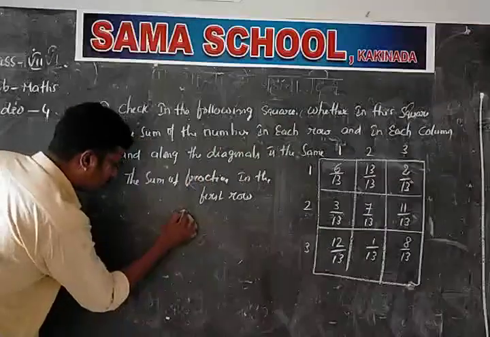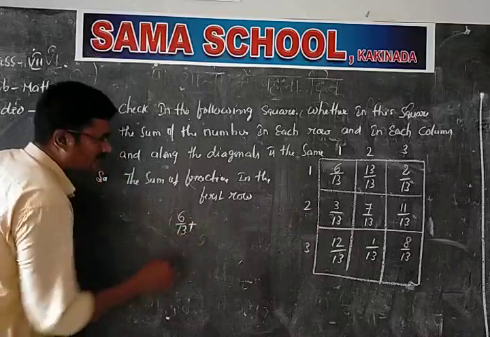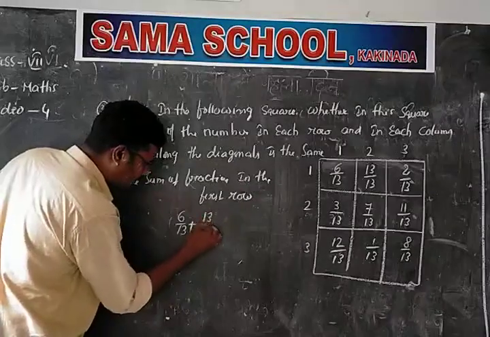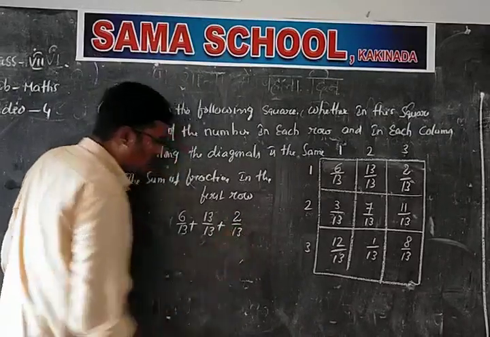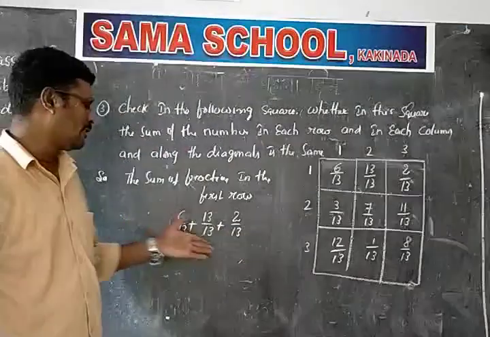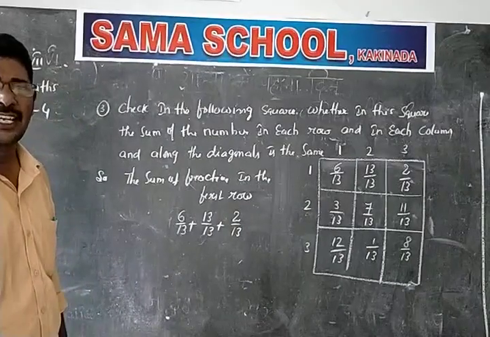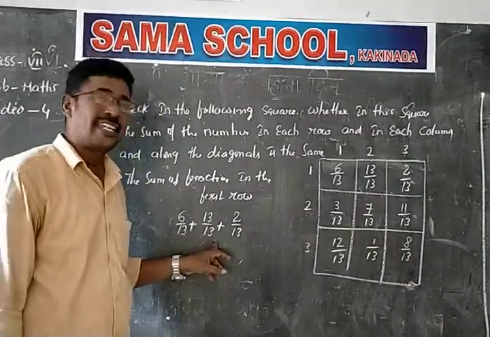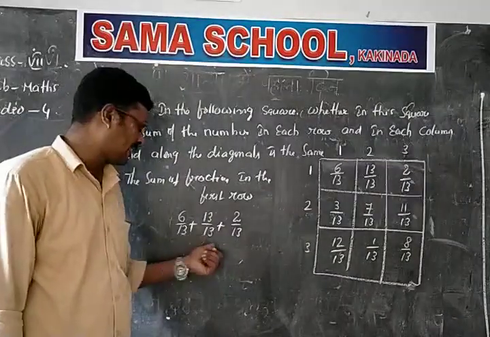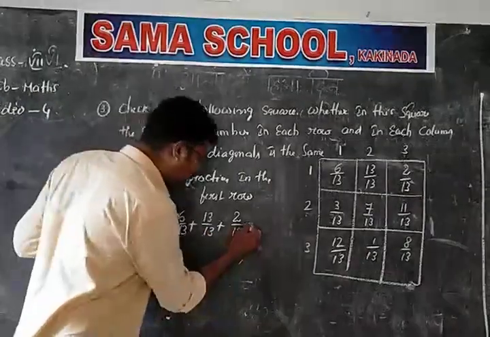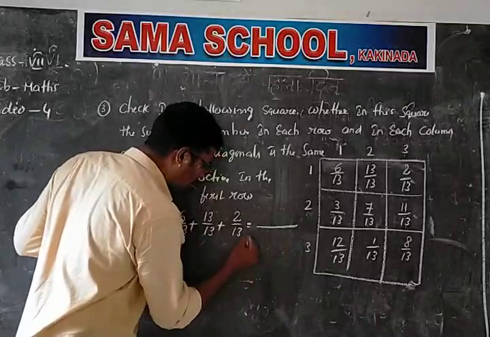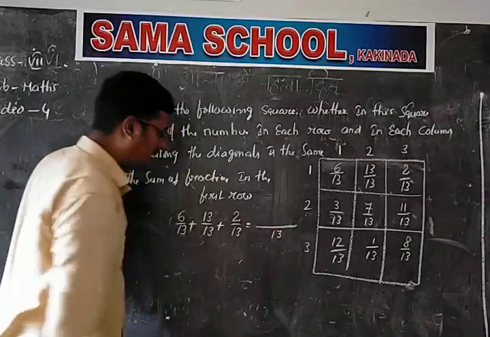6 by 13 plus 13 by 13 plus 2 by 13. These fractions are like fractions because the denominator is the same number, 13. To find the LCM, all are equal to 13, so we get 13.